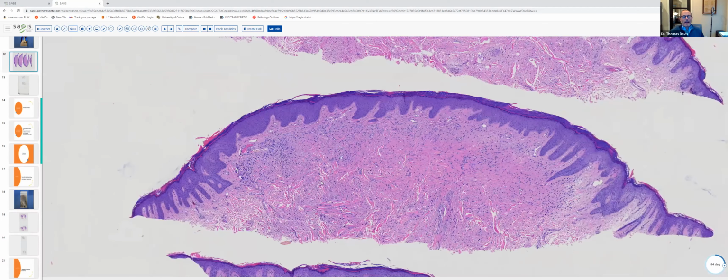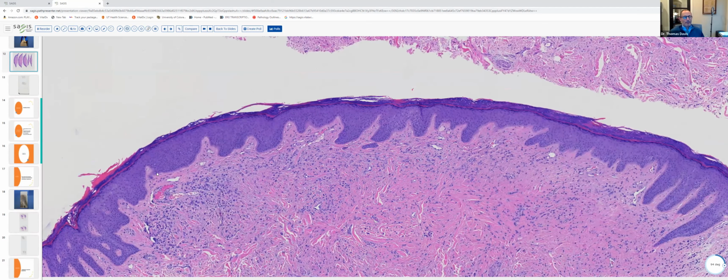We move to higher power, we can see that even though the epidermis is hyperplastic, it's relatively uninvolved in the process. There's nothing going on along the DEJ. And when we go down and look at the cells in the dermis, we can see that these are strikingly epithelioid. And by that we mean, of course, that they have a low nuclear to cytoplasmic ratio.